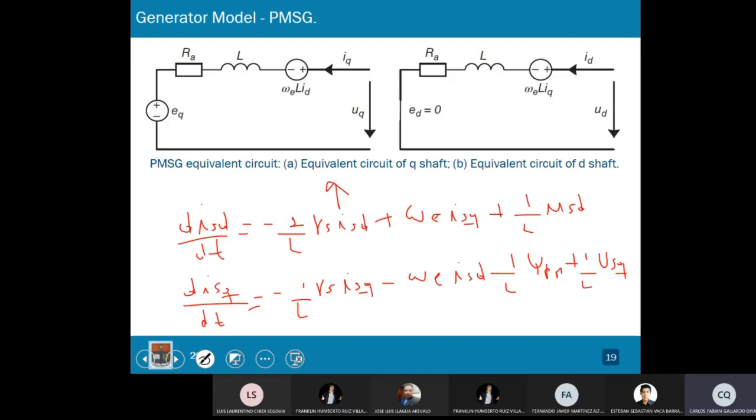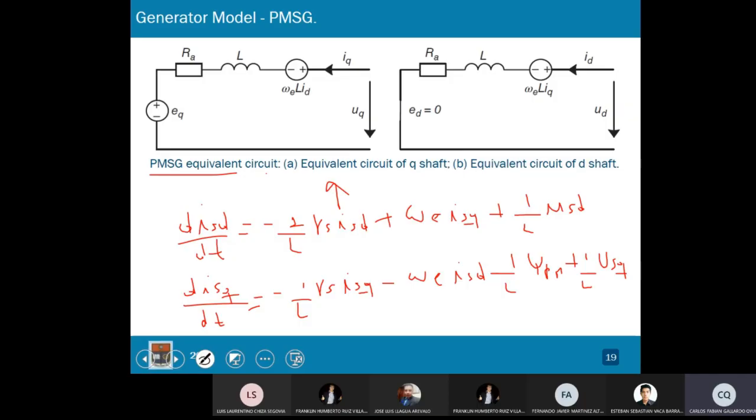So finally, this is the equivalent circuit of the Q axis, and this is the equivalent circuit of the D axis. So I have the dynamical model of the permanent magnet synchronous generator.